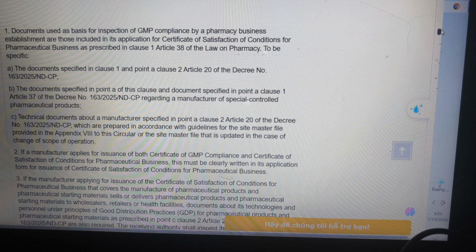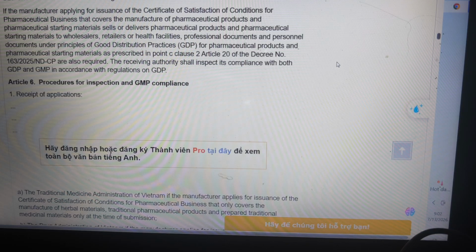If the manufacturer applying for issuance of the certificate of satisfaction of conditions for pharmaceutical business covers the manufacture of pharmaceutical products and pharmaceutical starting material, and sells or delivers them to wholesalers, retailers or health facilities, documents about the technologies and personnel under the principles of Good Distribution Practice (GDP) for pharmaceutical products and pharmaceutical starting material, as required in Point c, Clause 2, Article 20 of Decree Number 163/2025 of the Government, are also required.